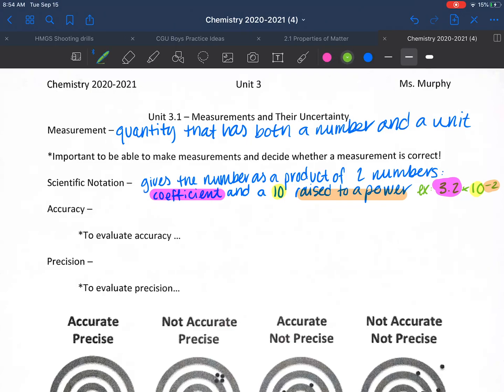Okay, then we have accuracy. So accuracy is the measure of how close a measurement comes to the actual or true value.